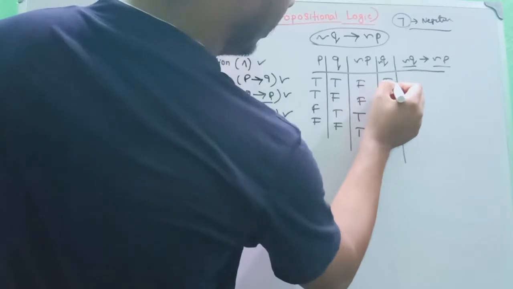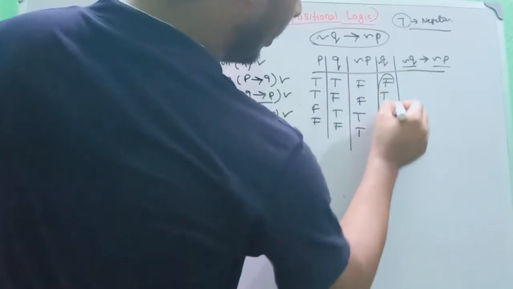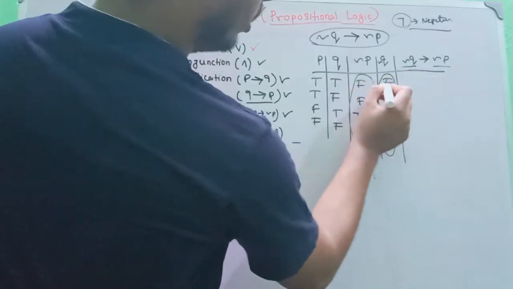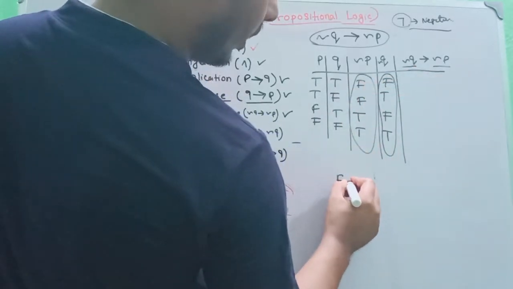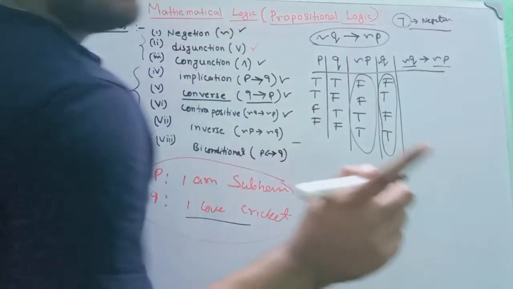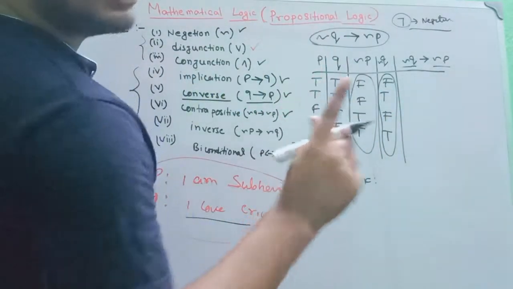So this is not Q implies not P. That means this implies this: false implies false. You have to remember the implication table first.